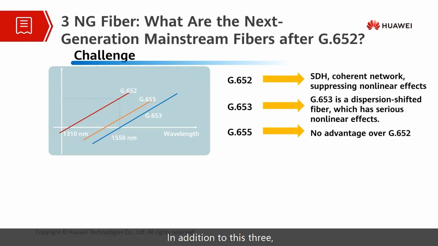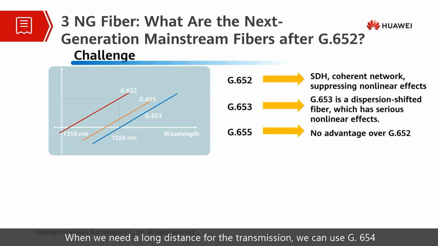In addition to these three, G.654 is an ultra-low loss optical fiber with the lowest loss around the 1550 nanometer window. Currently, G.654 is a high-price optical fiber, and it is mainly used in non-relay submarine optical cable communication systems.